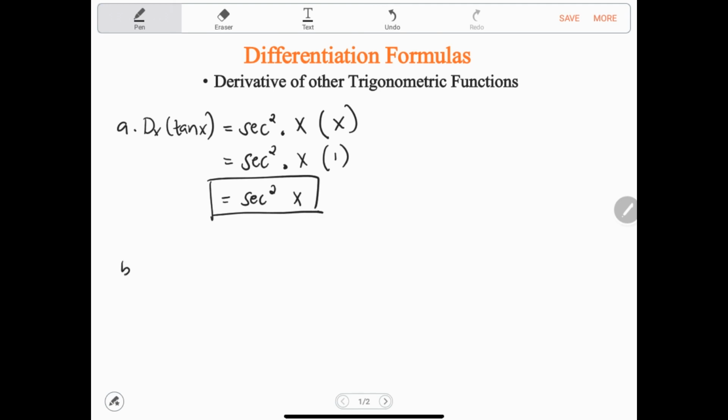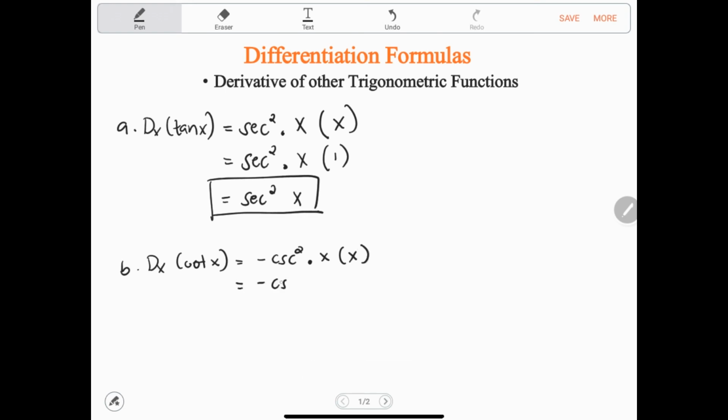Let's try another one. The derivative of cotangent x is equal to negative cosecant squared. Then copy x, multiplied by the derivative of x.